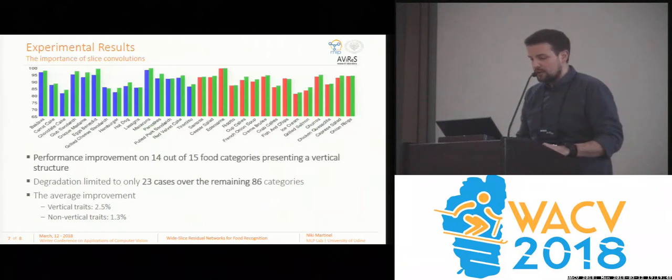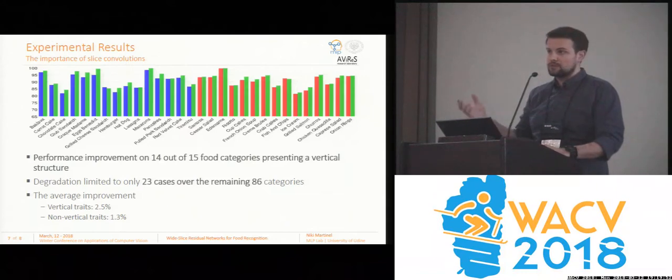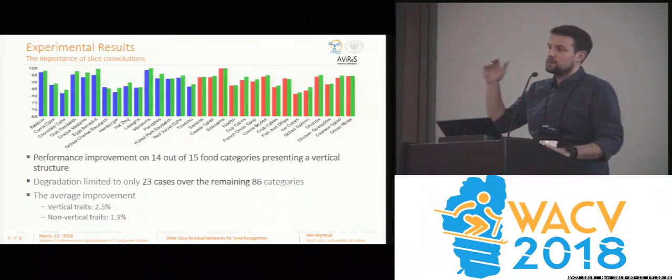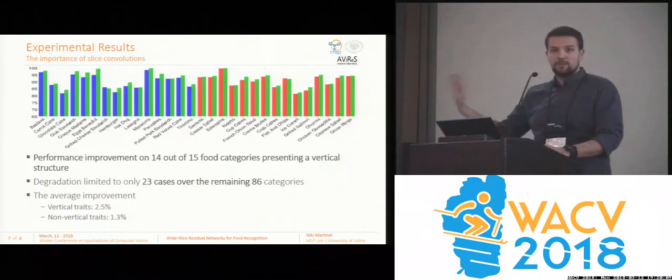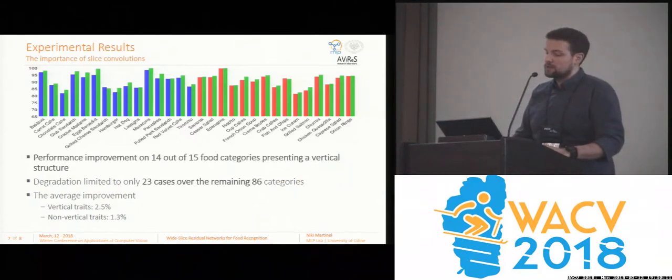Some other results here are, for example, the green bars, which represent this combined approach using the specific and the generic representation, so the wide slice and the normal ResNet, whereas the blue and the red bars represent using just the normal ResNet. The line where the blue bars end, these are all foods that have this structure, whether it would be a lasagna, a cake, or something, and the red bars represent food that has no such structure, such as rice or something like that.